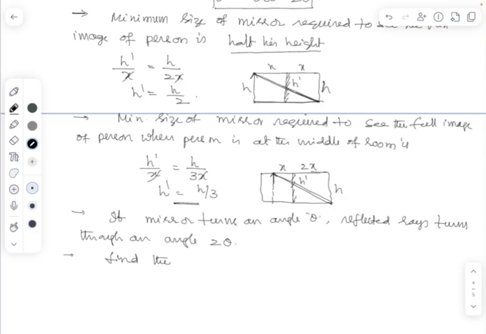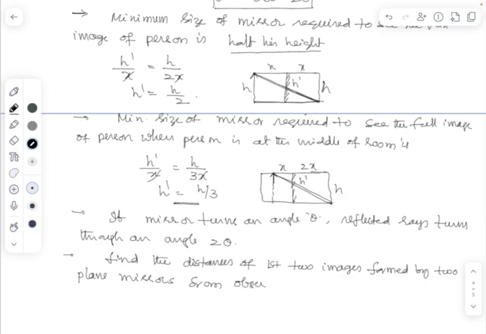Find the distances of the first two images formed by two plane mirrors from the observer.